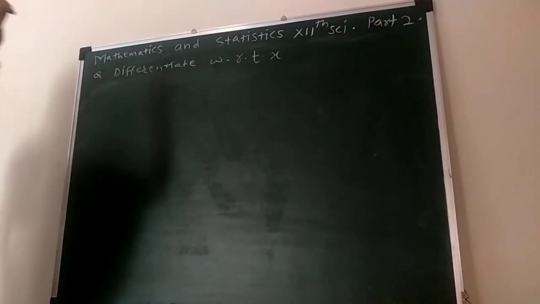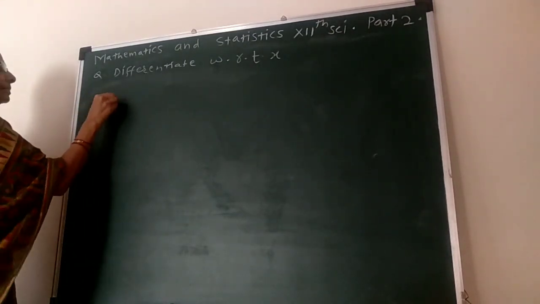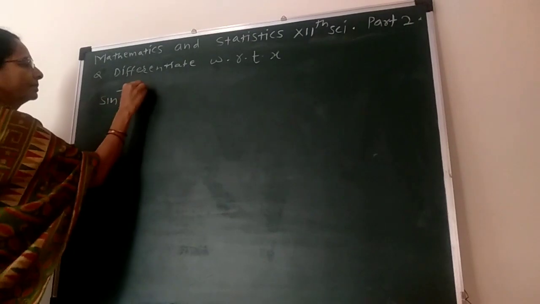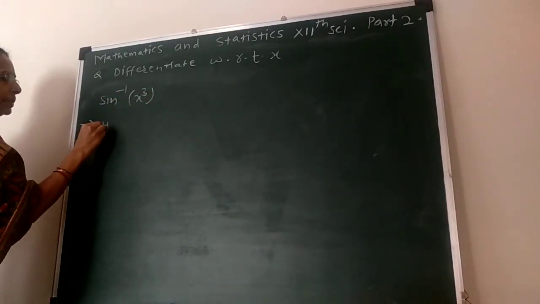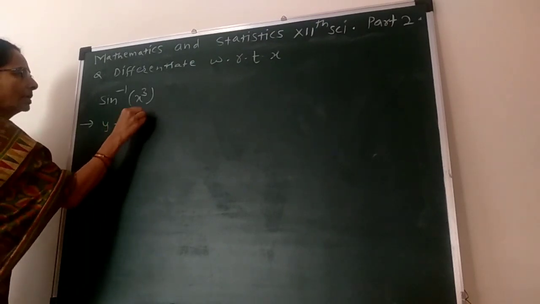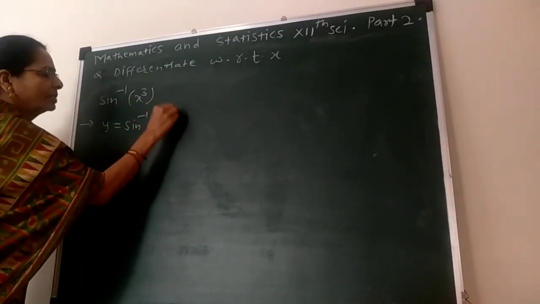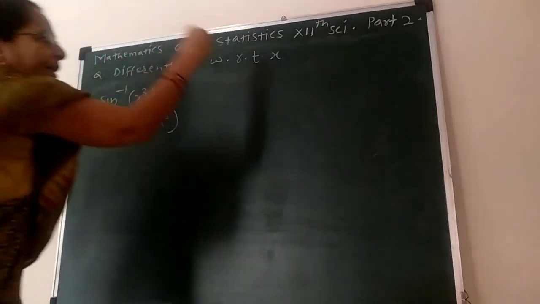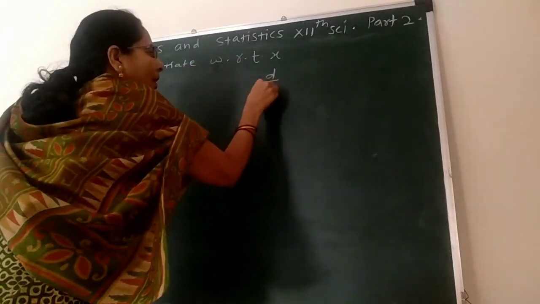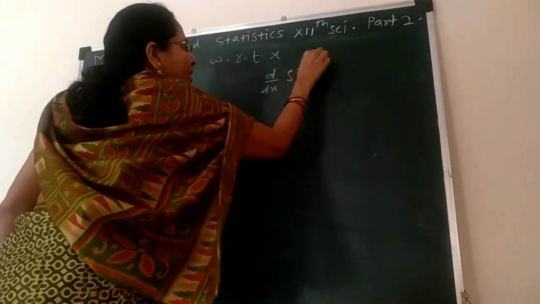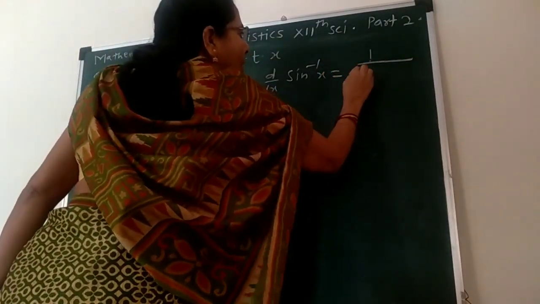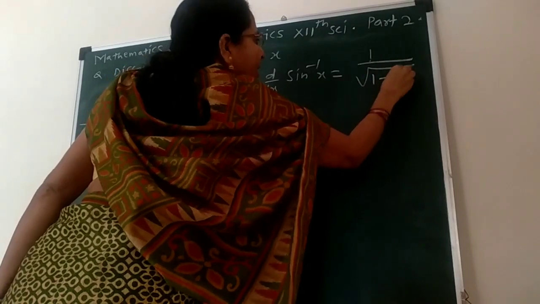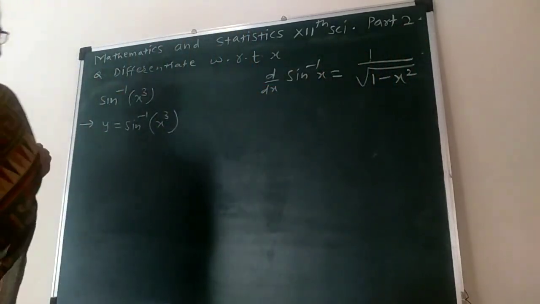Sin inverse x raised to 3. Y equal to sin inverse of x raised to 3. The derivative of sin inverse x is 1 upon root 1 minus x square.